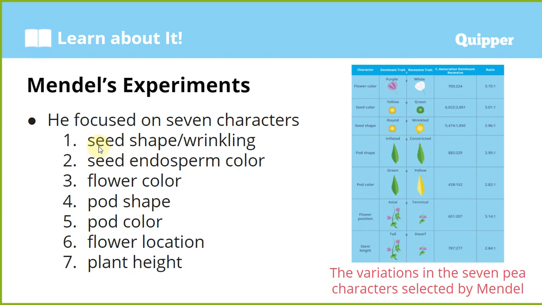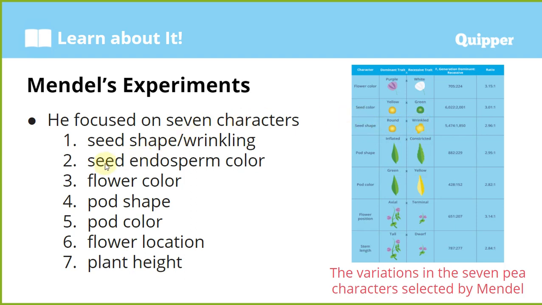Seed shape can appear in 2 distinguishable forms. It can be wrinkled. Pag sinabing wrinkled, para siyang raisin, yung pasas, parang kulubot. And round. It's either round or wrinkled.